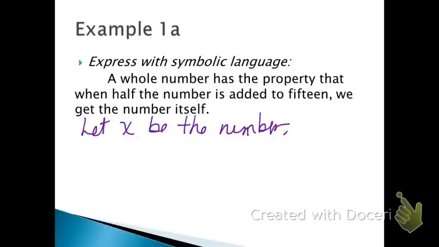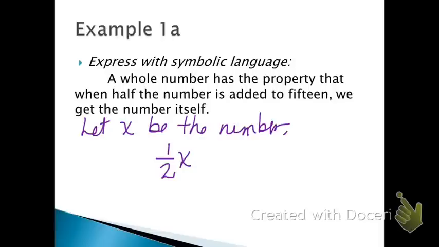So a whole number has the property that when half the number is added to 15. So let's represent half the number. To represent half the number, there's a couple ways I could do that. I could say 1/2 times x, 1/2 of x. And remember, when I'm multiplying, I don't have to use the multiplication sign. I just put the coefficient out in front. So this stands for 1/2 of my number.